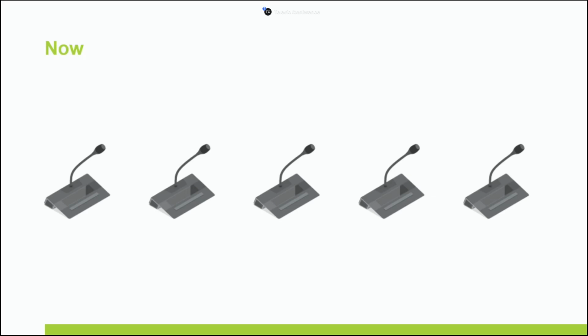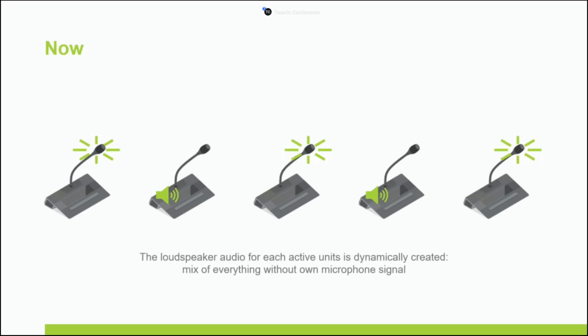worked on to enhance. Basically what we do now is create that same situation where the loudspeakers of those active, open microphones will also have loudspeaker sound in the units. So dynamically we create mix-minus channels that are provided to the open microphones.